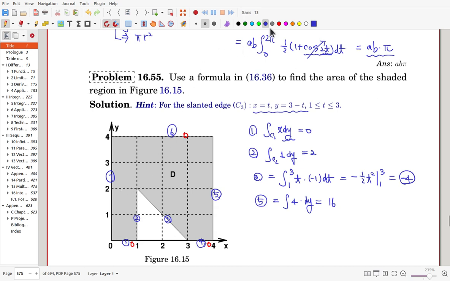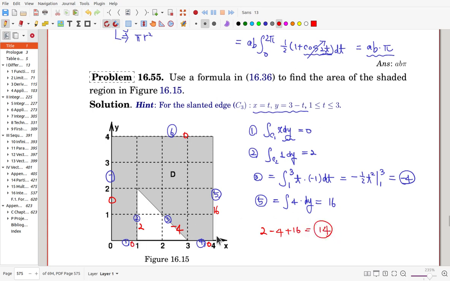So let's write down the values here. For this one, it is 2. For this portion, it is minus 4. For that portion, it is 16. And 0, again 0. So if we add them, the non-zeros are 2 minus 4 plus 16, so that it is 14.